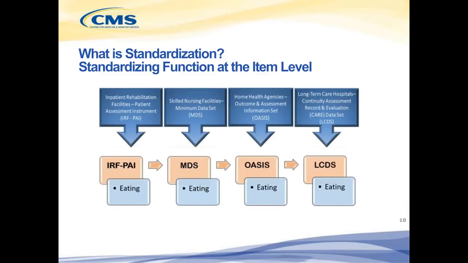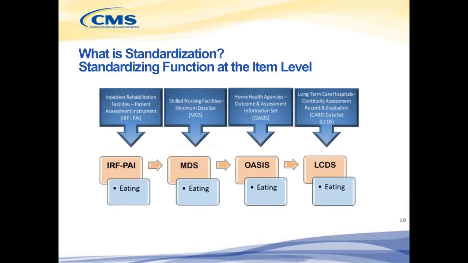This slide represents standardization of eating as a clinical concept. In this example, the concept of a person's ability to eat is assessed the same way across settings. A person may require no assistance with eating or be totally dependent on others for eating, regardless of the setting where they receive care.